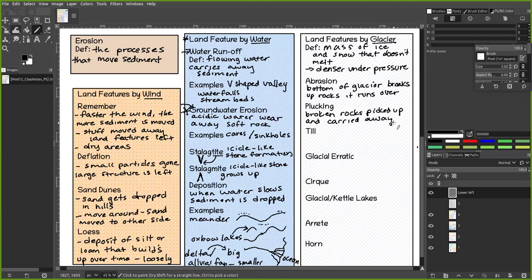Now, they have vast glaciers that carried stuff away, because they can tell by what the different rocks are made of, they're not local to that area. They're local to a much farther away area. Now, till is simply those rocks that get dropped. It was the stuck rocks that got dropped.